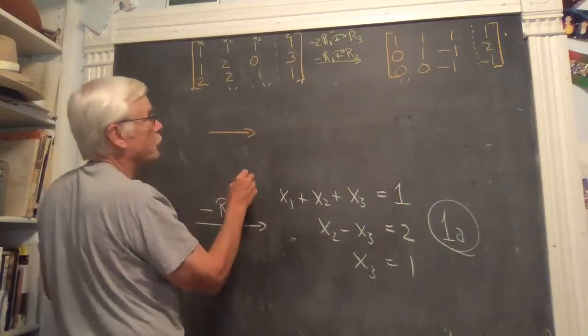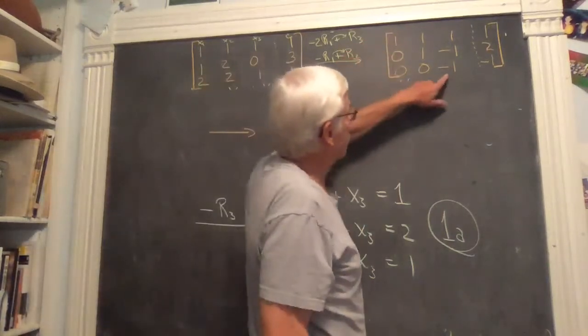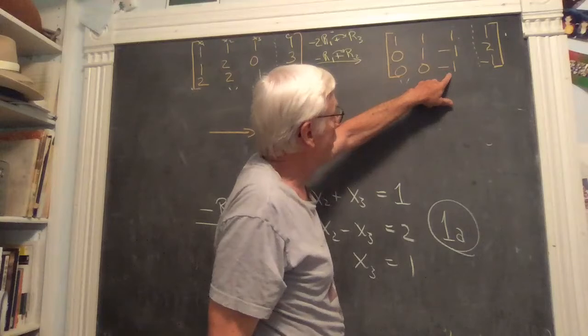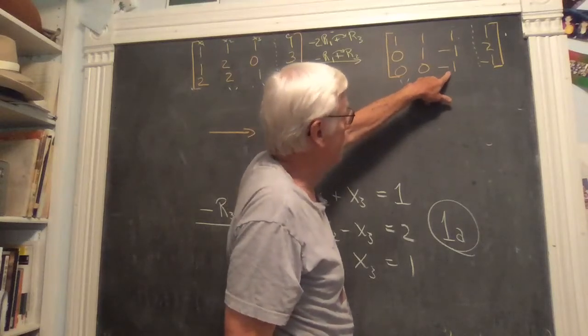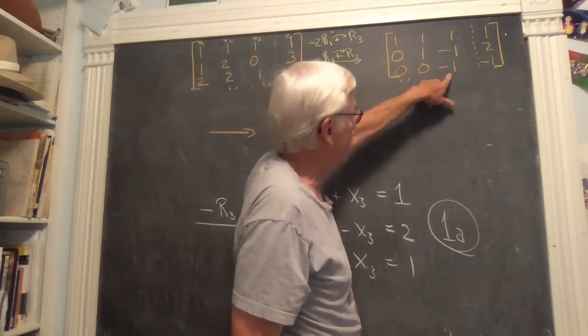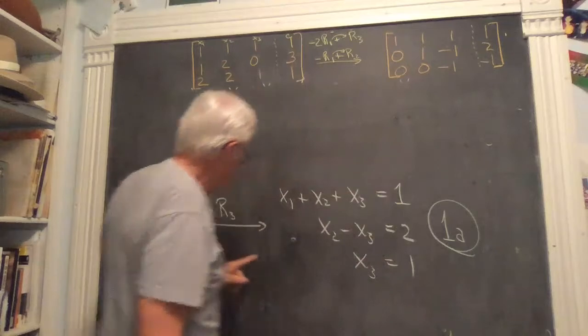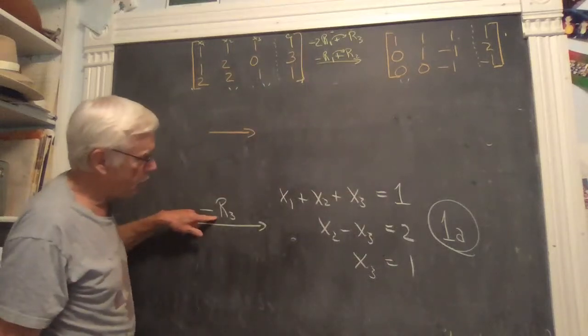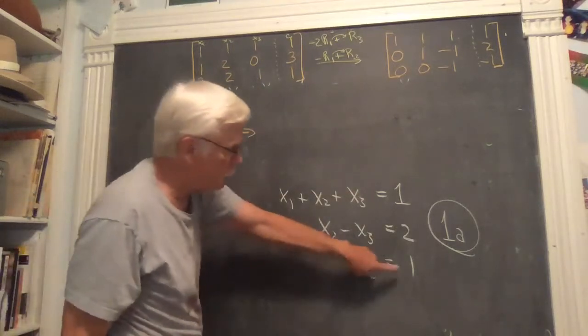For us, there's one more step. Just looking at this, we want to get a 1 here in order to just get the coefficient of solution, x3. That's what we did here by multiplying row 3 by minus 1, gets us a solution row.